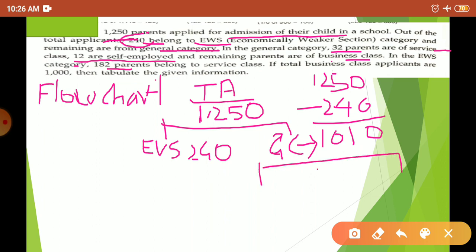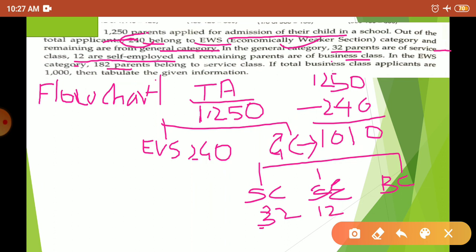There are three divisions: service class, self-employed and business class. How many from the general category belong to service class? 32 parents, so we will write 32 here, and in self-employed 12.